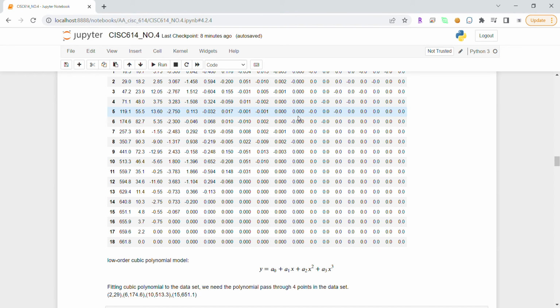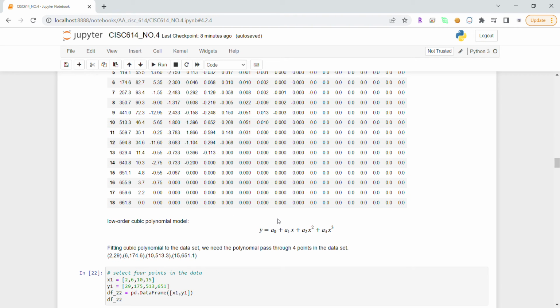Then I applied the low order cubic polynomial model. The general form of the model looks like this. Then I'm going to fit this cubic polynomial to the data set. First we need to select 4 points, because it's a 3rd degree polynomial, so we need 4 points to let the polynomial pass through.